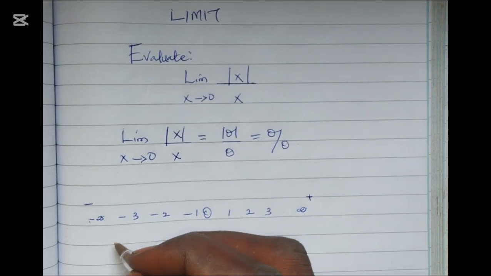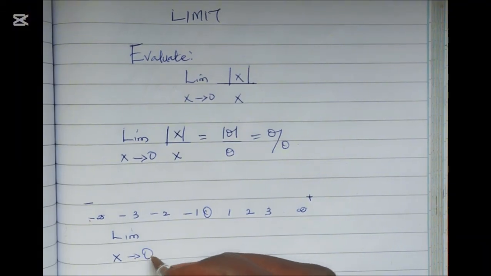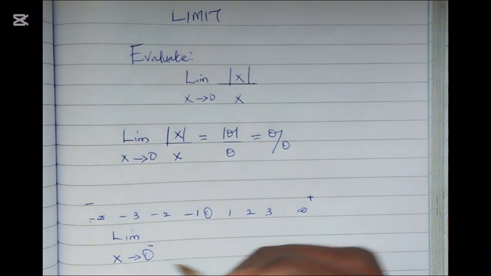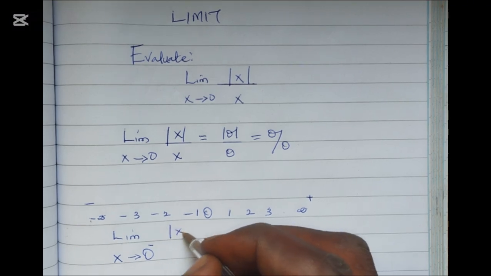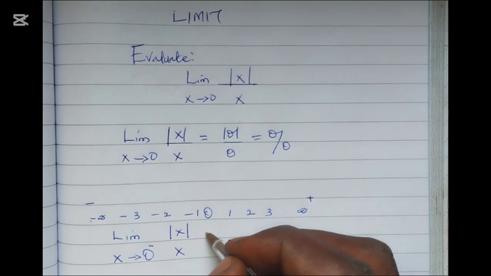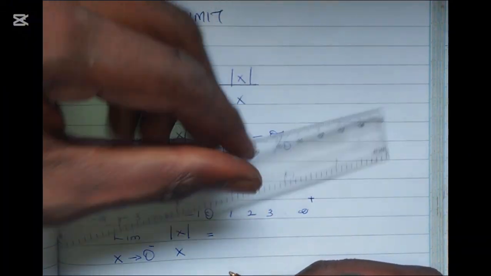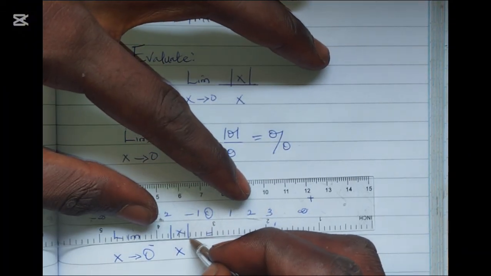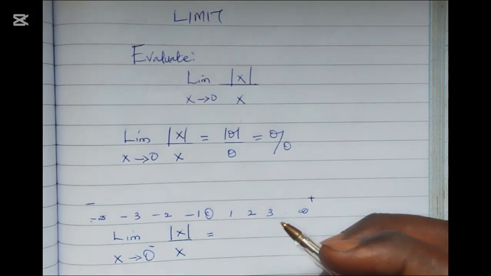Now the limit as x goes to 0 from the left hand side of the absolute value of x all over x is equal to, pick any value to the left of 0. Let us pick negative 1.